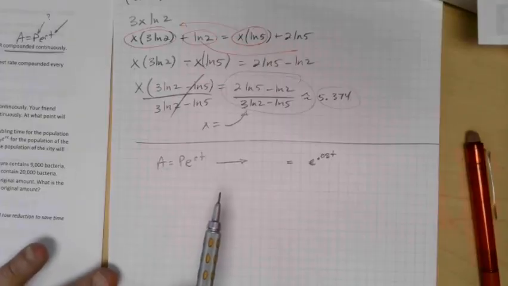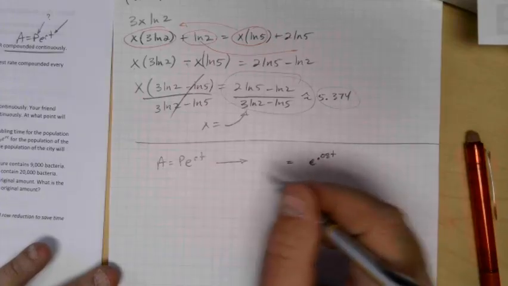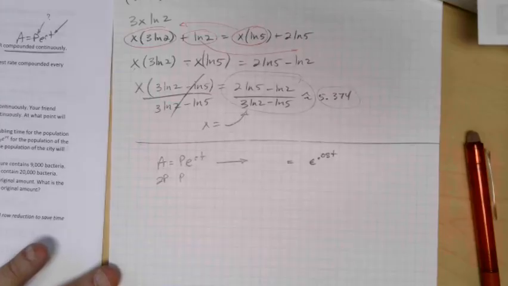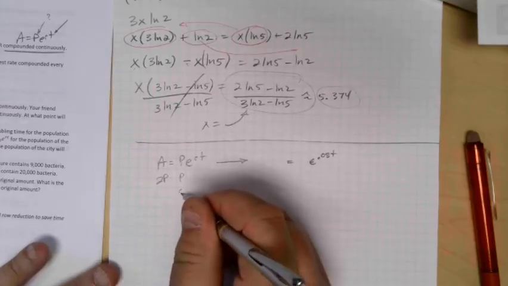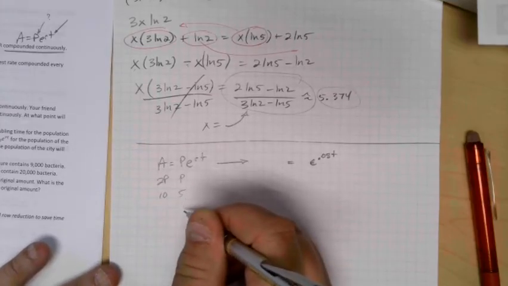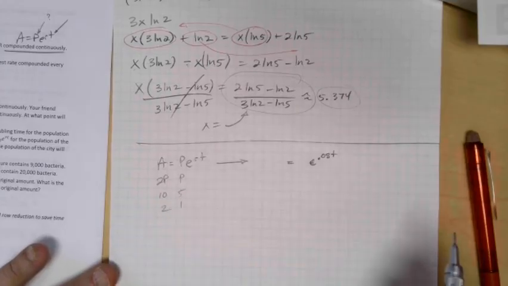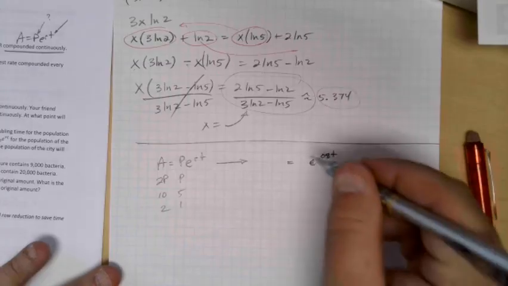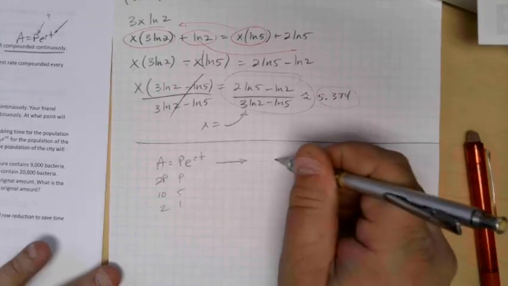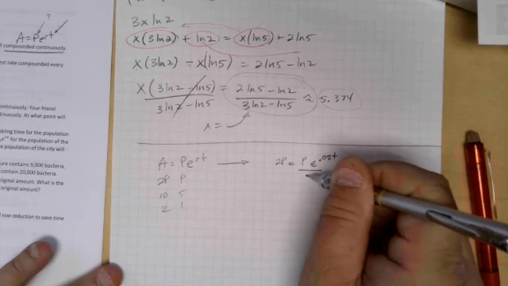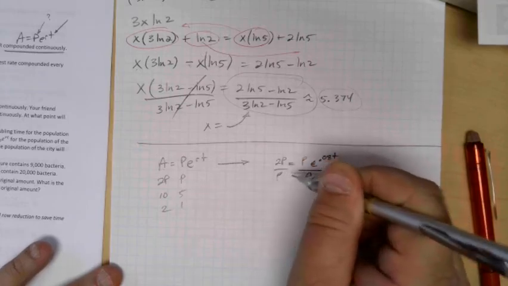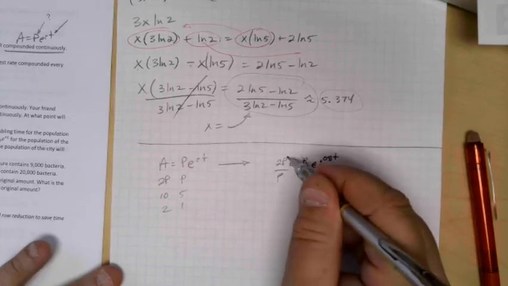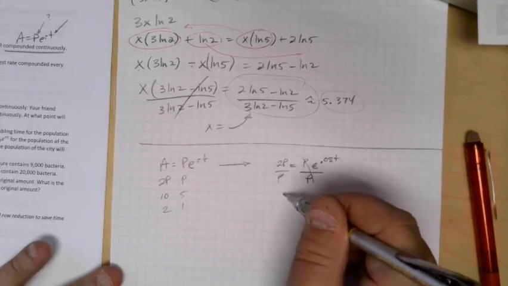So here's what you could do. You could put in a P, and then this would be 2 times P. Or you could put in 5, and this would be 10. You could put in 1, and this would be 2. Either way, it doesn't matter what you put in, because the first thing you're going to do is divide by whatever that principal is to isolate your exponential. That's going to cancel, and that'll cancel, and I'm going to get 2.